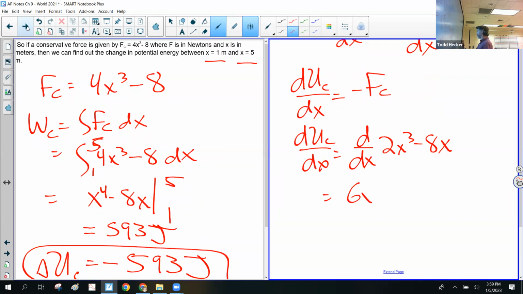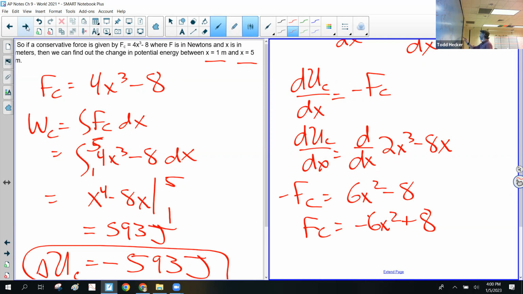What is that? 6x squared minus 8. So that's the opposite of my conservative force, which means the conservative force is negative 6x squared plus 8.